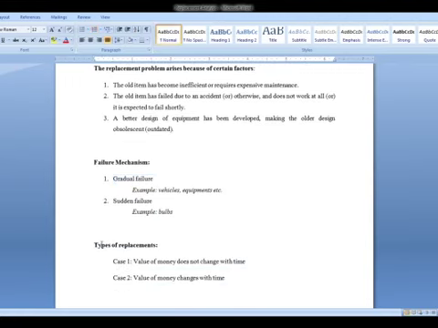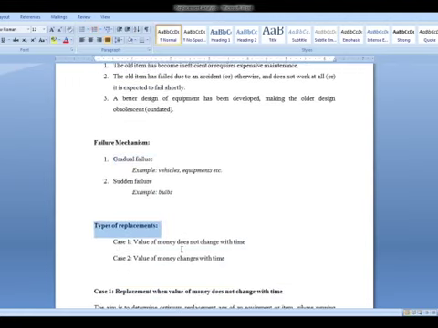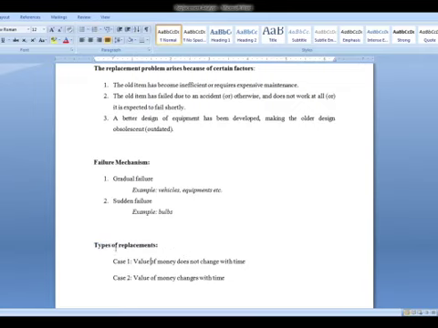In gradual failure, there are two types of replacements. In case 1, the value of money does not change with time, meaning the value of money remains constant. Whatever the money costs today will be the same tomorrow. We can have certain situations wherein you can solve the problem in this way. Case 2 is when the value of money changes with time.